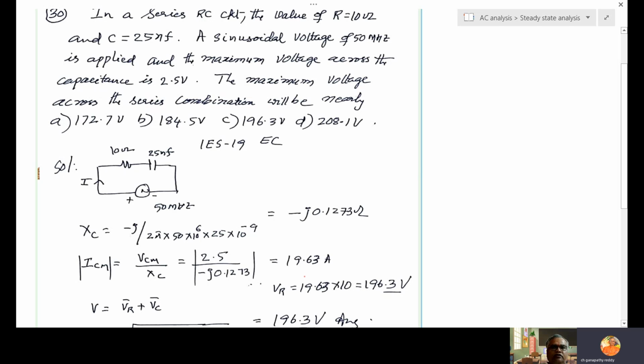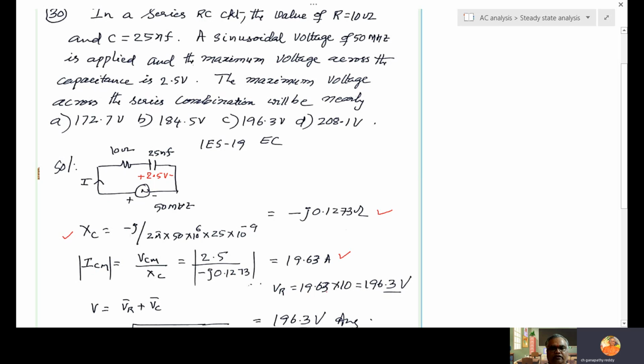So here the maximum voltage across the capacitance is given as 2.5 volts, and the maximum input is asked. So what is the capacitive reactance? Minus j by omega C. Find it out. Then the current is nothing but VCm, the maximum voltage, 2.5 divided by the capacitive reactance, which is 19.63 amps. That is the maximum current.